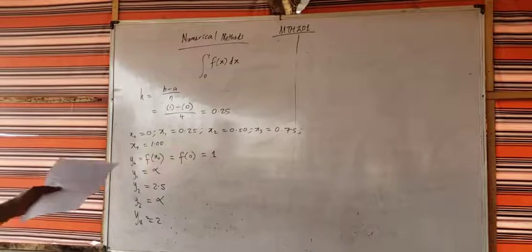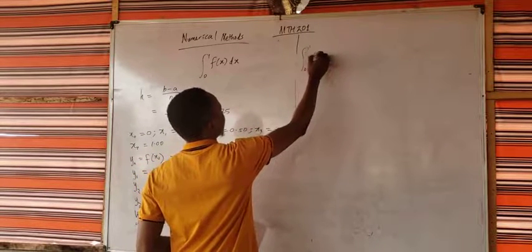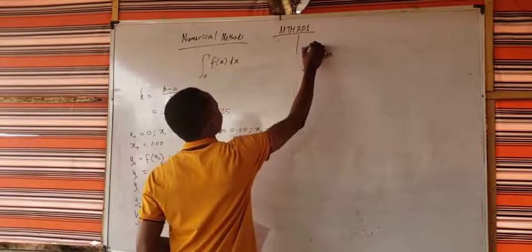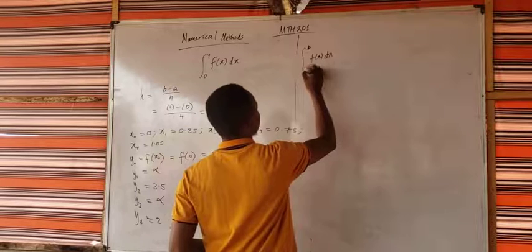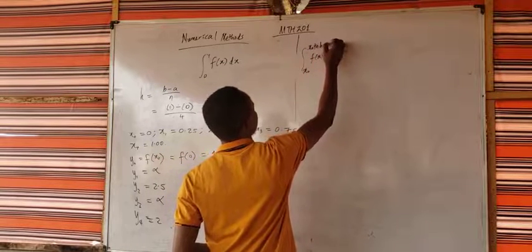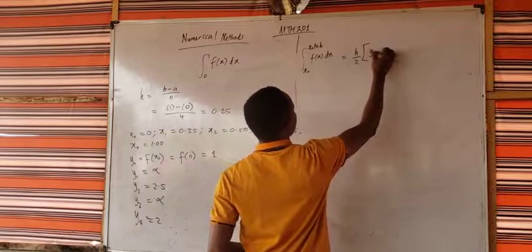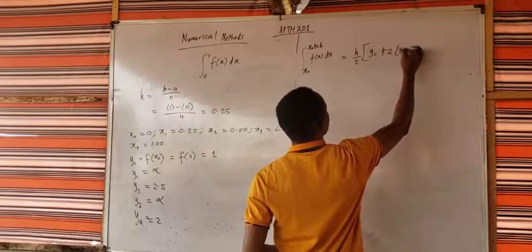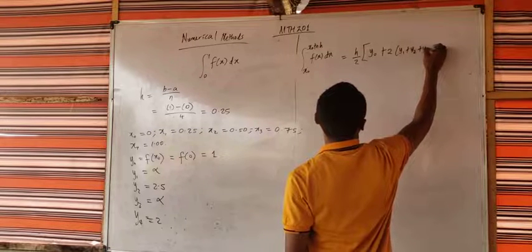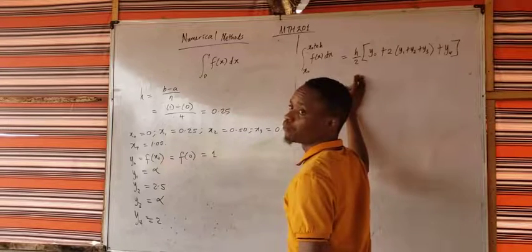You should remember the trapezoidal rule: the integral from a to b of f of x dx, or x naught to x naught plus nh, is equal to h over 2 into y naught plus 2 into y1 plus y2 plus y3, then plus y4. Is that clear?